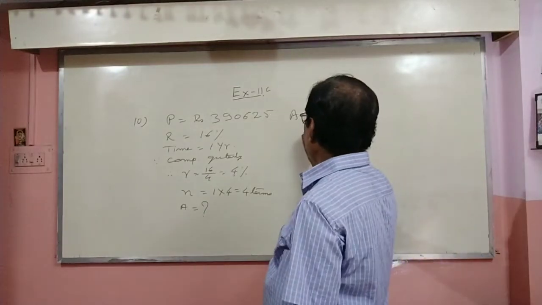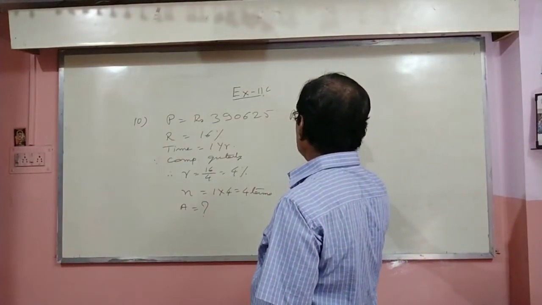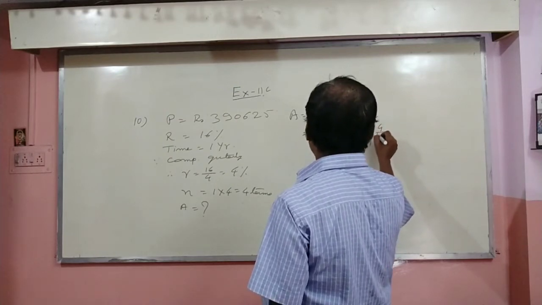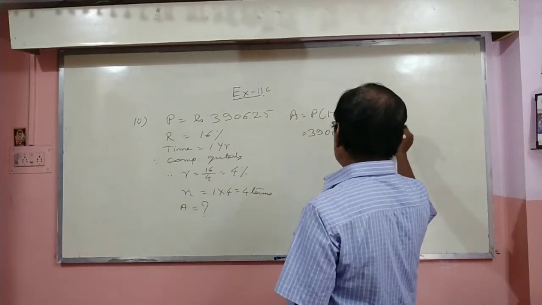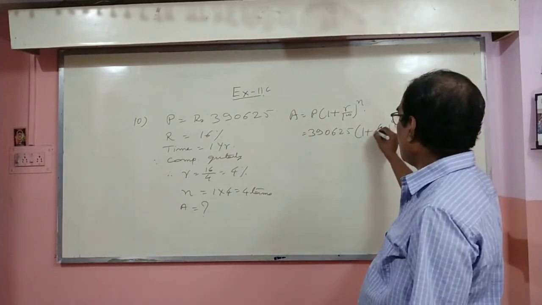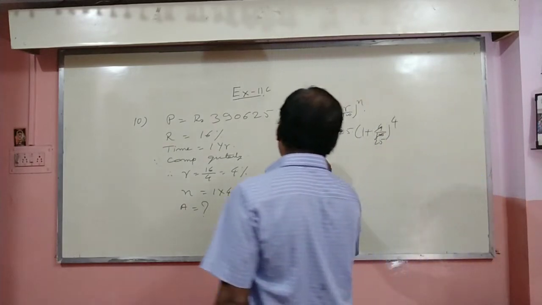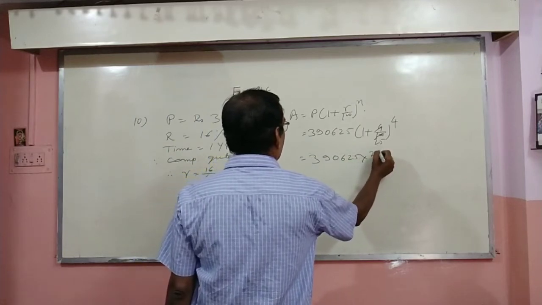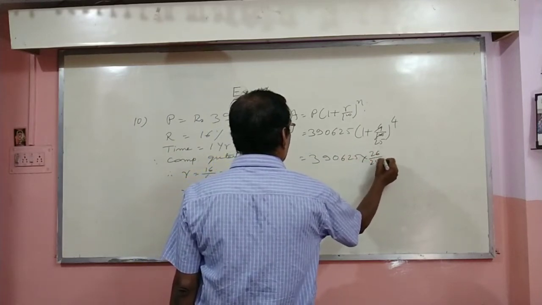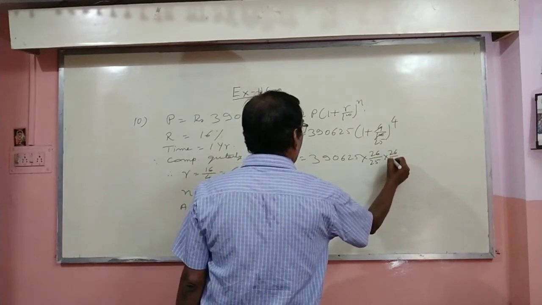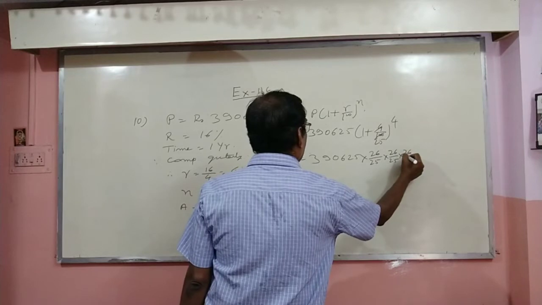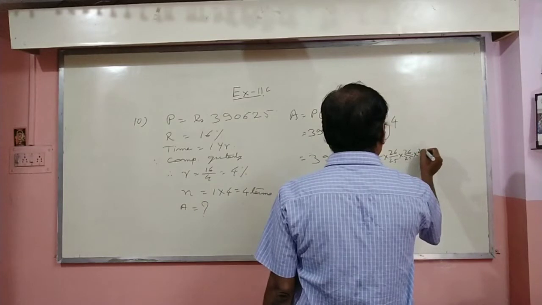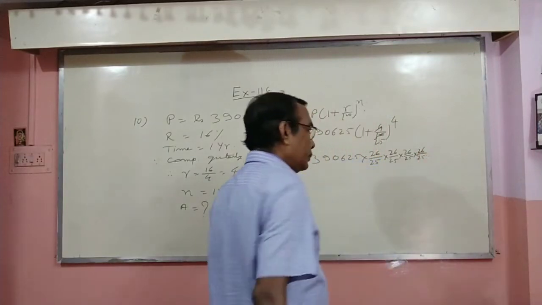It is coming as 3,90,625 into 1 plus R, which is 4 by 100, whole raised to N, N is 4 terms. 4 twenty-fives are 100, which is equal to 3,90,625 into 25 plus 1 is 26 by 25. And it is 4 times. So 4 times you will have to write, mind it, 26 by 25.